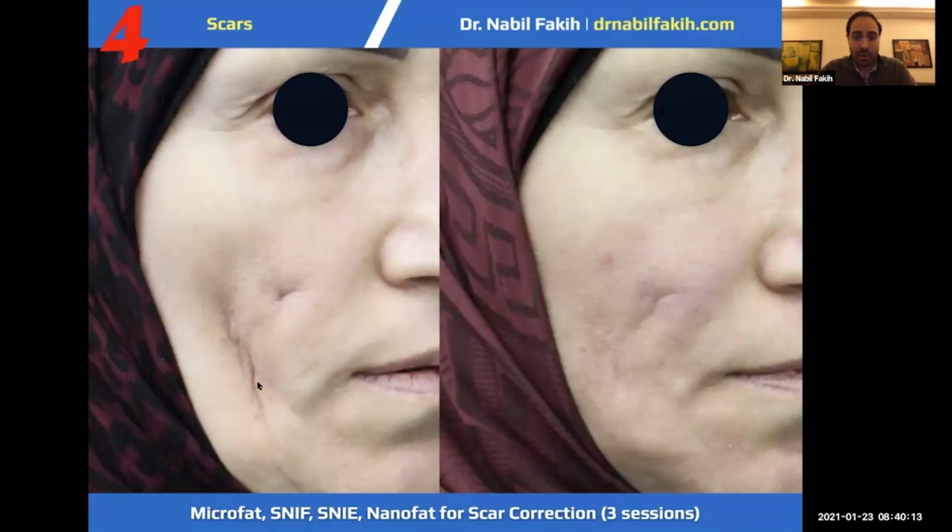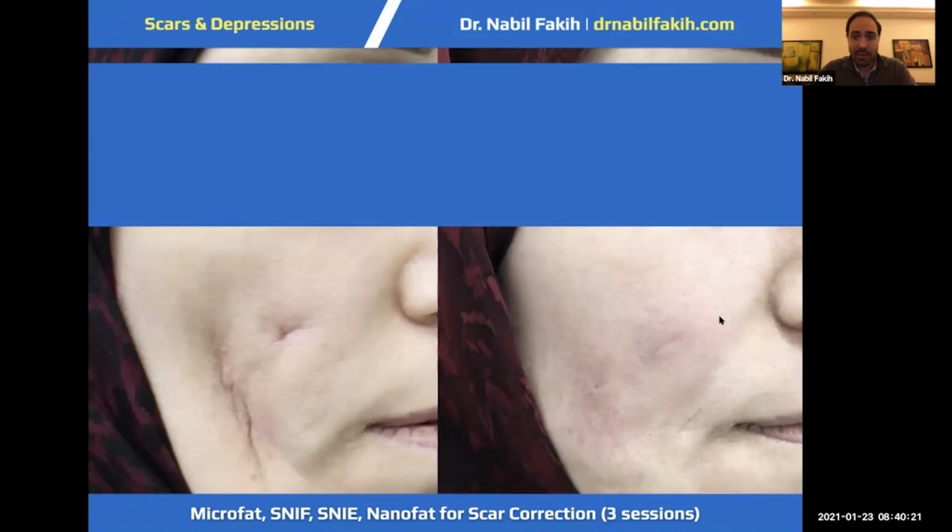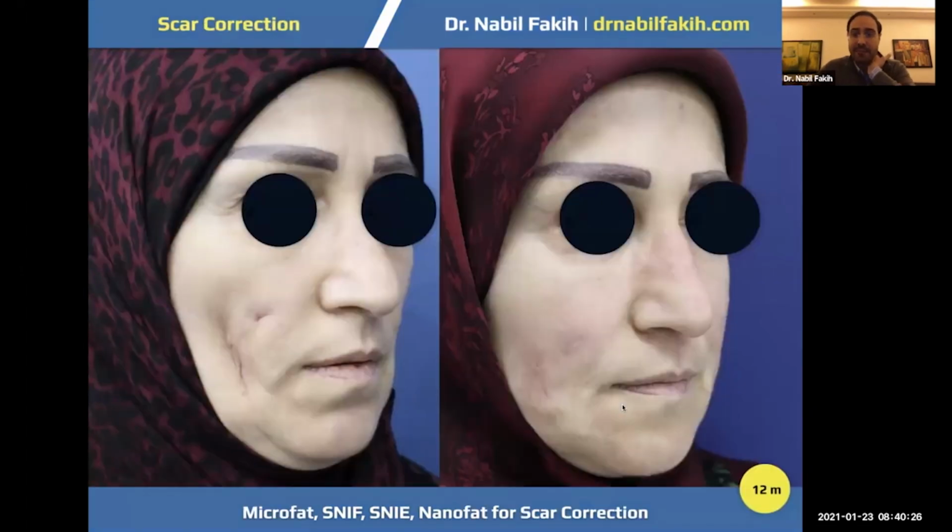She had really a big hole in that area, and after one session, this was her case. This is after 3 sessions, this was how she came, and this is her final result after 12 months of 3 times injecting her face with Microfat, SNIF, SNIE, and NanoFat.